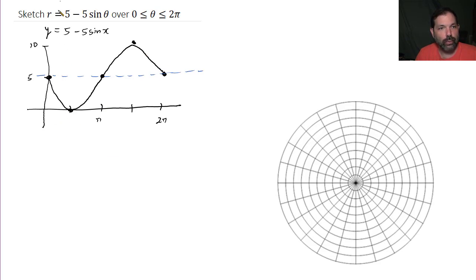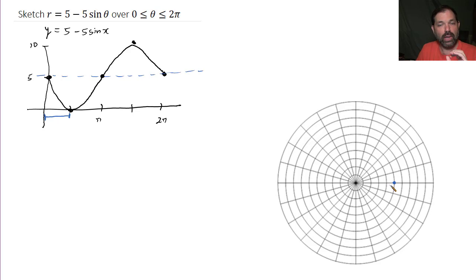So now, if we notice, I've sort of turned the curve into 4 chunks, 4 pieces, right? 0 to pi over 2. What happens to the curve from 0 to pi over 2? The curve starts at 5 and decreases to 0. Now let's translate that over to polars. The radius starts at 5 and decreases to 0.